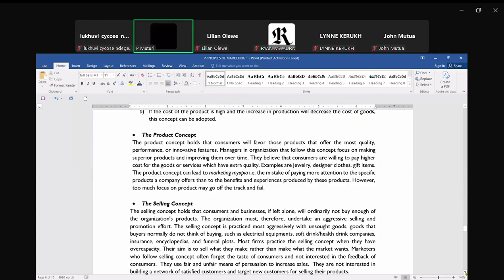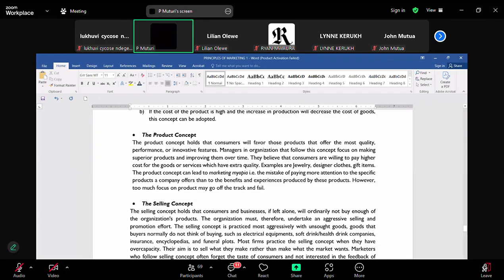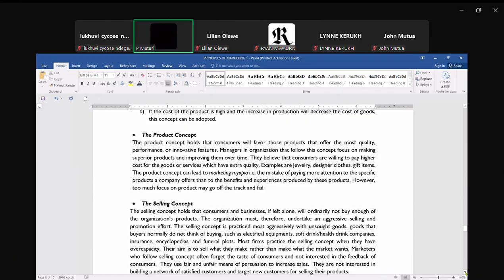So here the idea is to produce a product of the highest quality, assuming that customers will definitely favor products of the highest quality, and they are willing to pay a higher price. They are willing to pay a higher cost for goods and services that have extra quality.